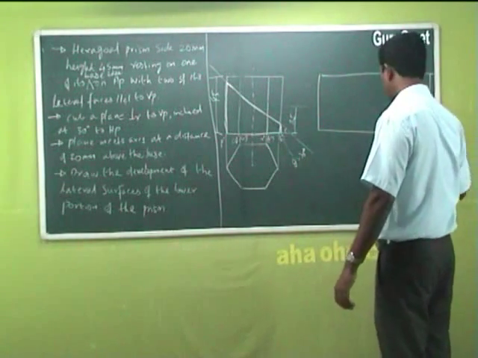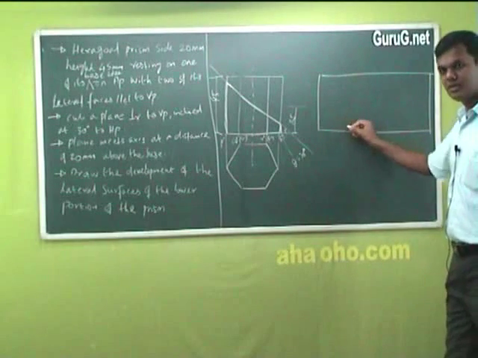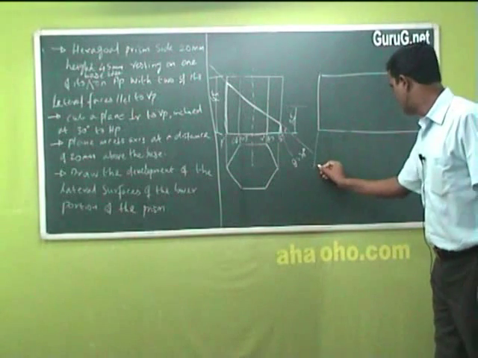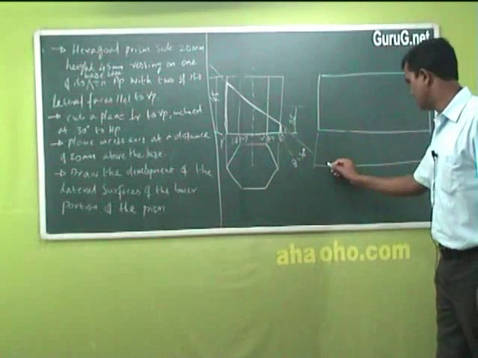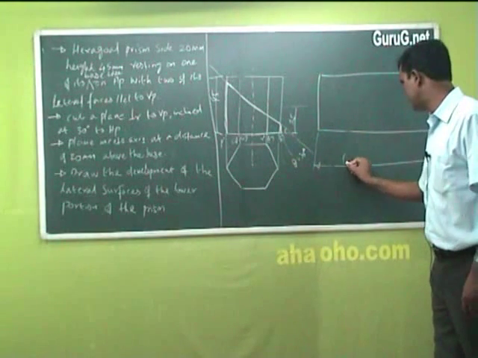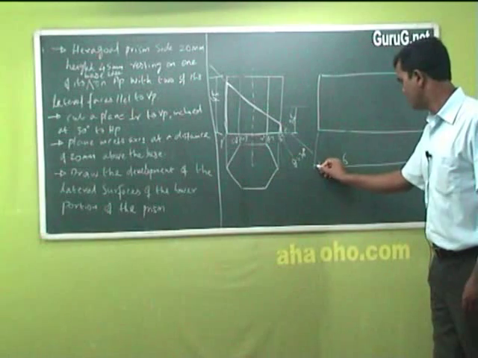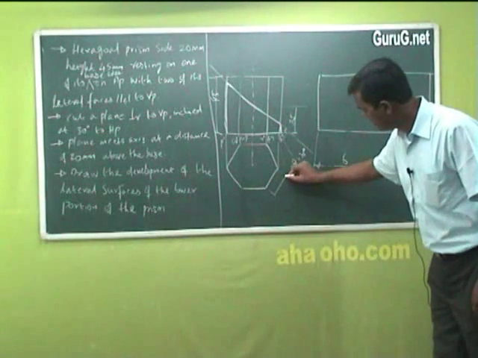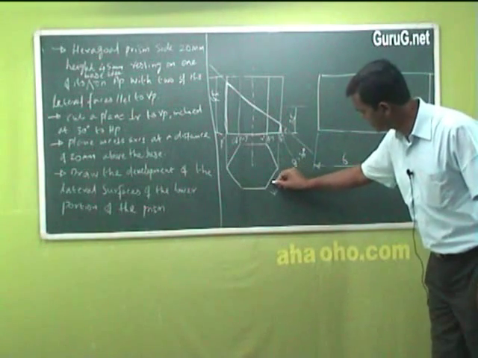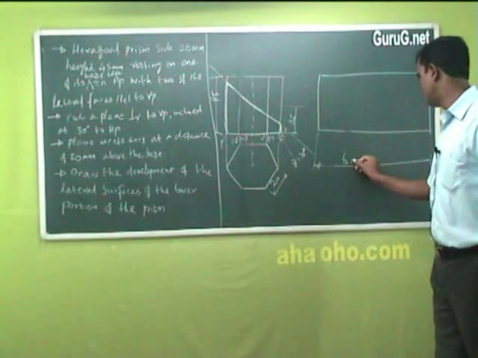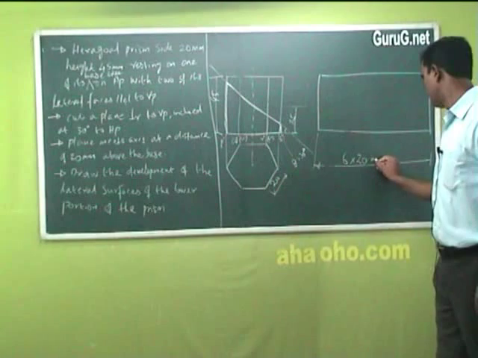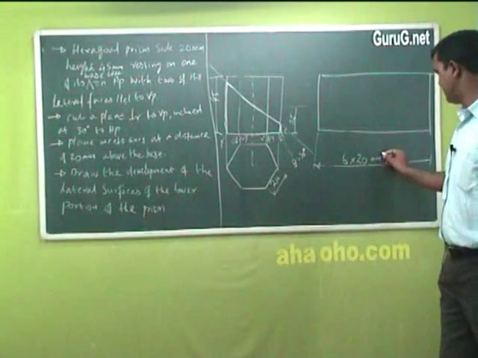What should the extension be? Very simple. The total number of sides of a hexagon is 6, into the dimension of one side, 20 millimeter. So 6 into 20 millimeter is 120 millimeter.